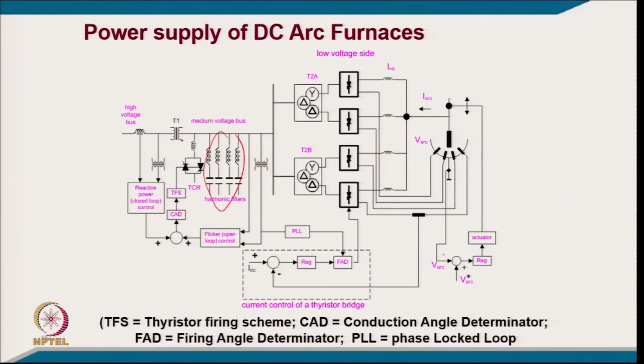For reactive power, we use the thyristor controlled reactor, the leading reactive power is given by the passive filter, and then we have a control loop corresponding to the electrode current, the DC current from here, as well as reactive power from the AC side current. So, that is the control of an arc furnace, which is of reasonably high power.